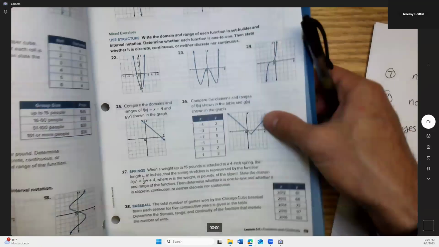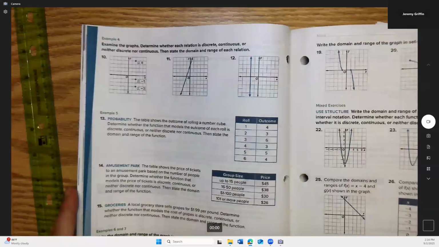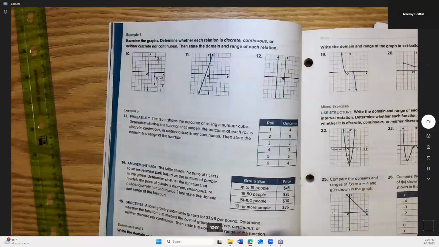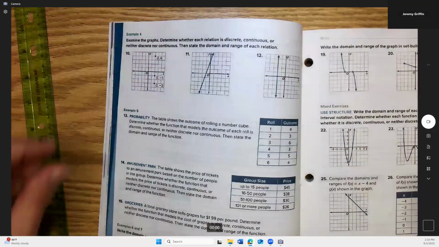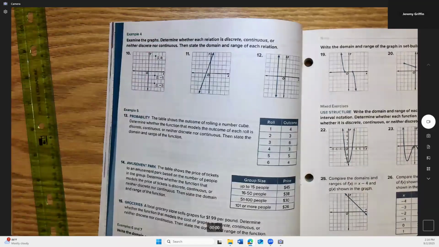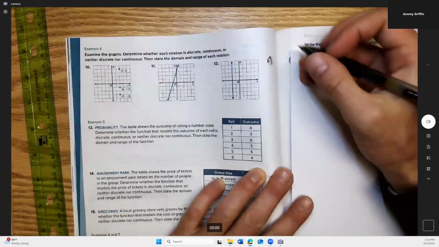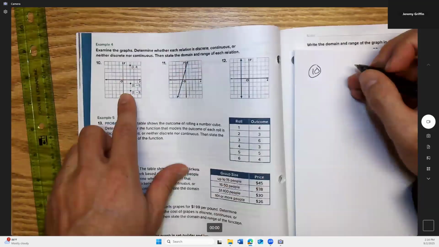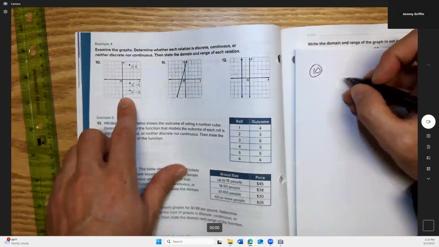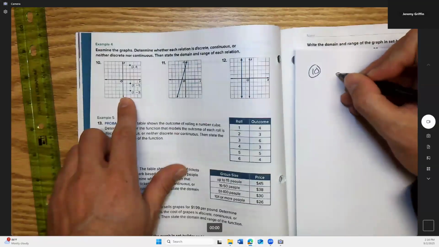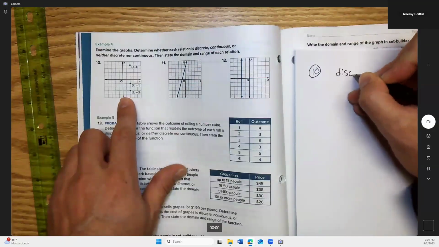All right, what else looks interesting? Example 4 is right here. Let's do number 10. Is this discrete, continuous, or neither? Discrete.